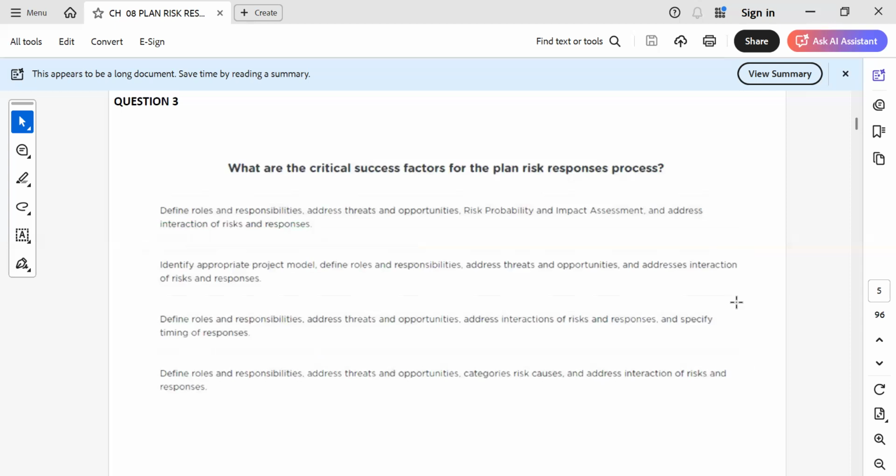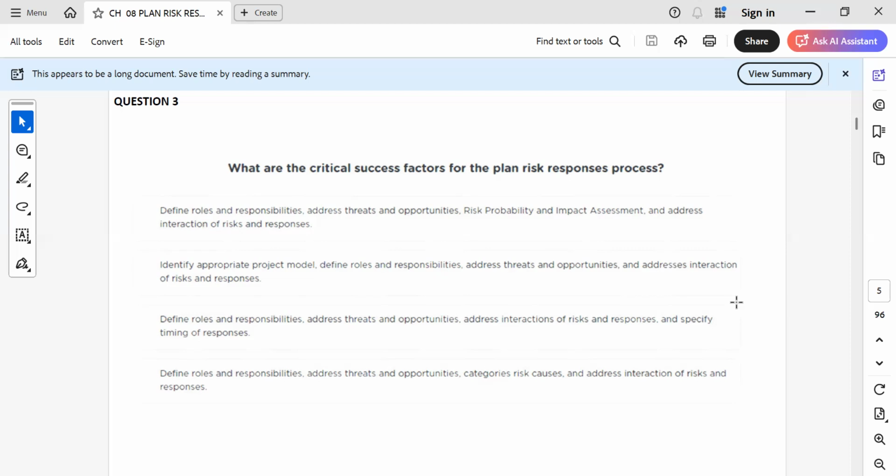Question number 3. What are the critical success factors for the planned risk response process? Option A: Define roles and responsibilities, address threats and opportunities, risk probability and impact assessment, and address iteration of risk and responses. Option B: Identify appropriate project model, define roles and responsibilities, address the threats and opportunities, and address iteration of risk and responses.